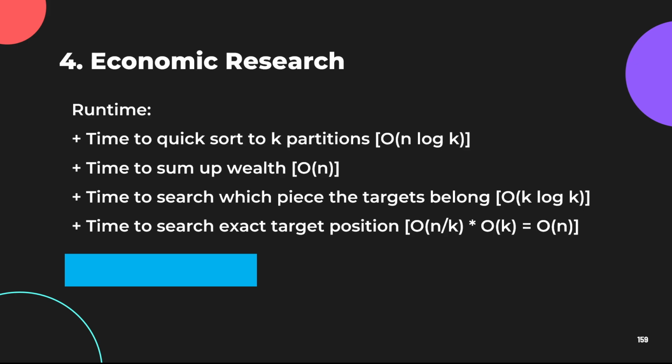So that will give us O of n over k times k, which gives you O of n time. So total runtime? Which one is the most significant here? The n log k. So the total here is O of n log k.